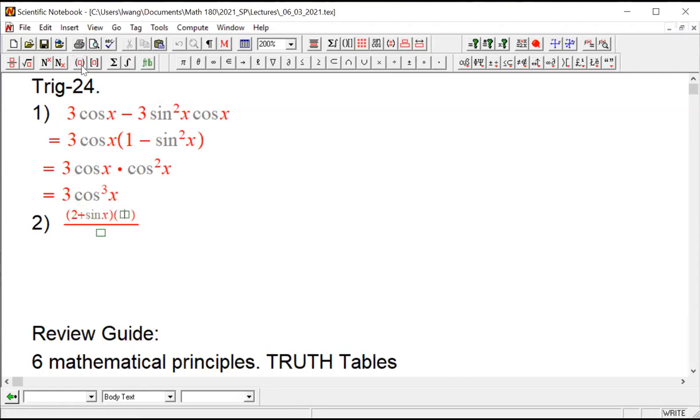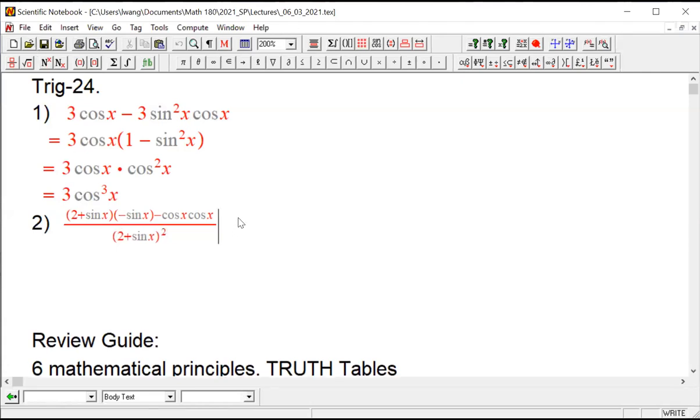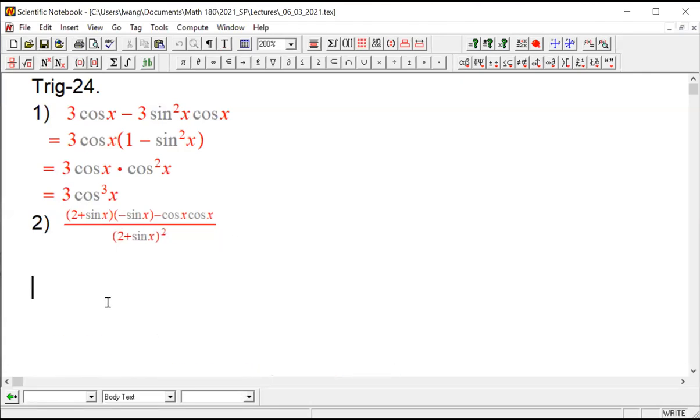So make it easier to see. Okay, minus a cosine x, cosine x. Denominator 2 plus sine x squared. Right, how do we reduce this?